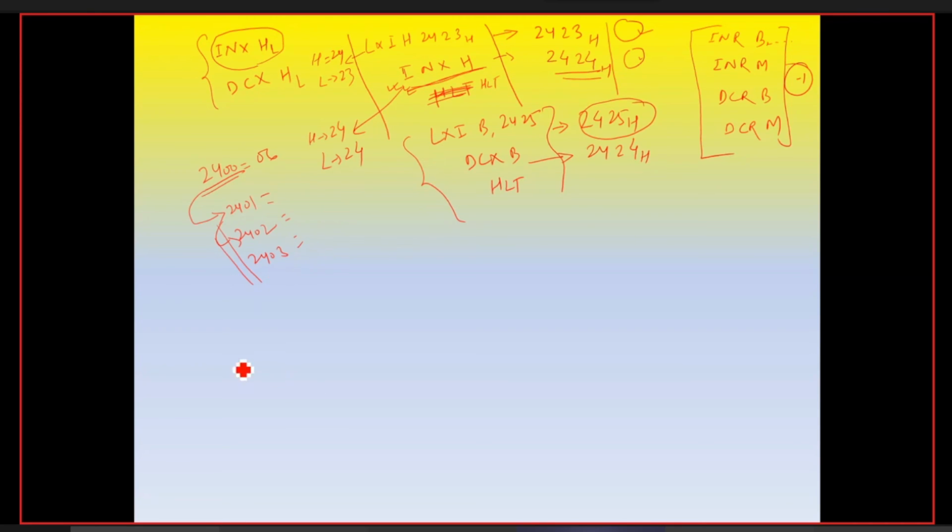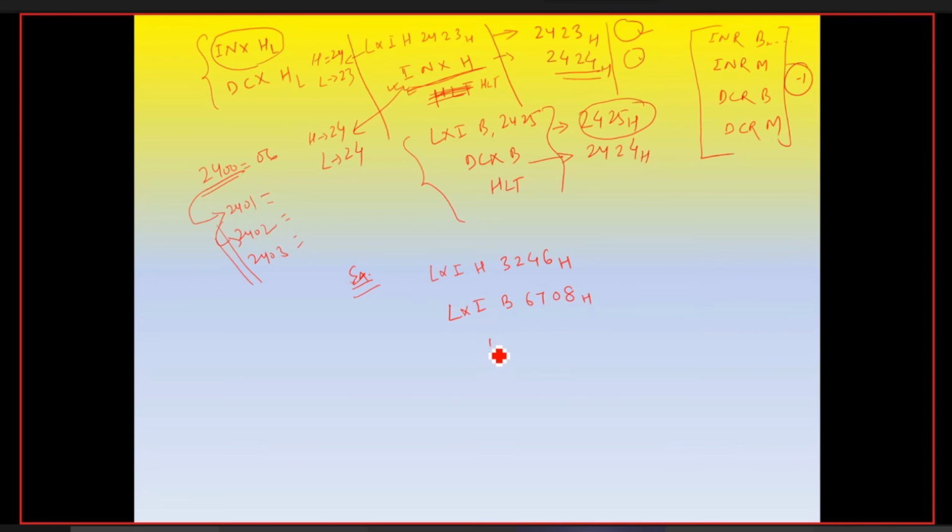Now I am giving one example. We have LXI H 3246, any random address. LXI B 6708.